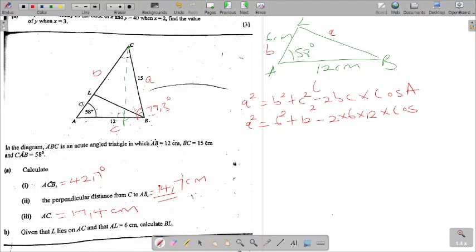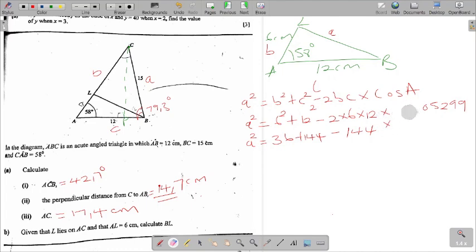So cos 58 is 0.5299. a squared is equal to 6 squared is 36, 12 squared is 144, minus 2 times 6 is 12, and 12 times 12 is 144, times cos 58, which is 0.5299.